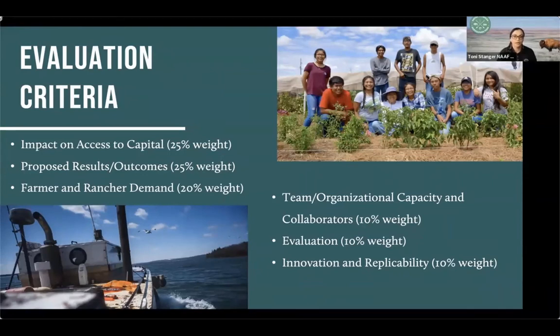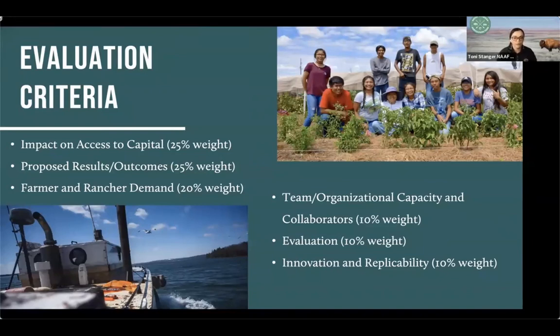But again, because this case was originally based on violations of access to credit and credit servicing, the largest weight that we provide in our applications, kind of bonus points, is the impact on access to capital. All of them have to include it, but if you check that box, then you are eligible for that 25% weight.